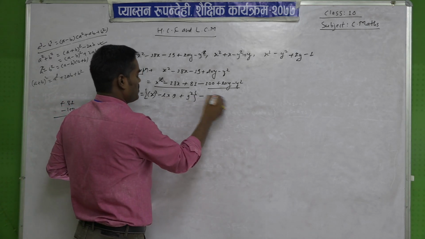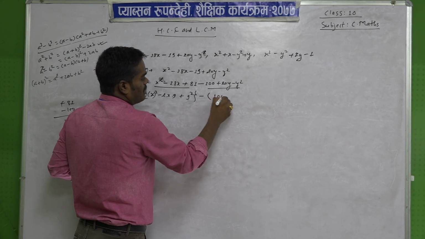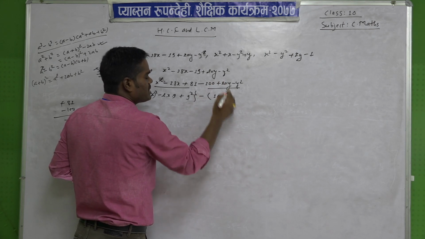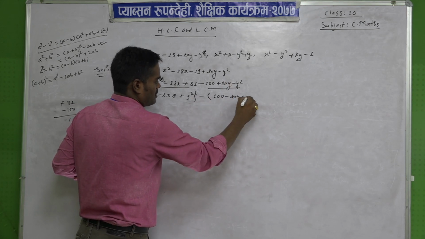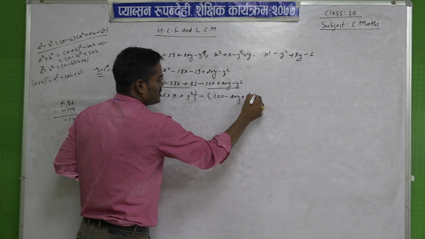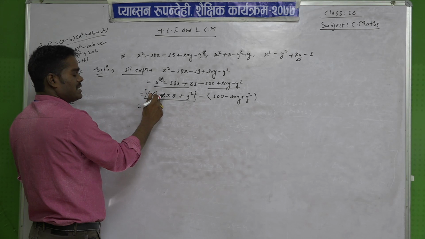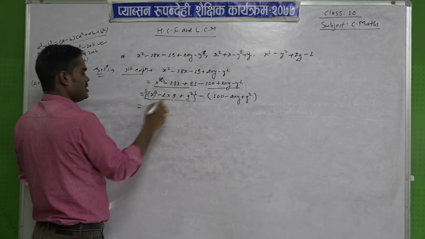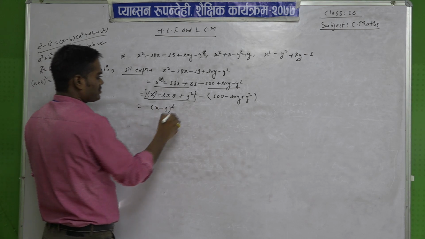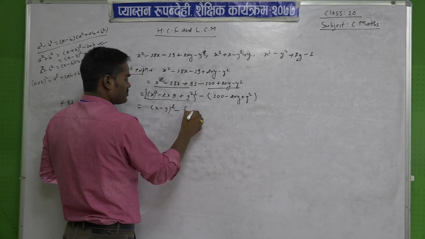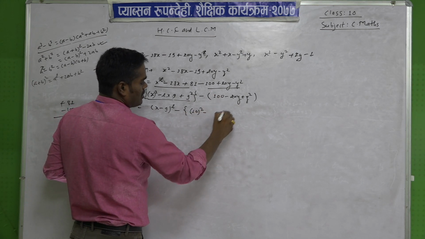And here first take common first. So take minus as a common. So minus into plus is minus, minus into minus is plus. So you can write a square minus 2ab plus b square means a minus b whole square. And here also this is 10 square minus this is what?